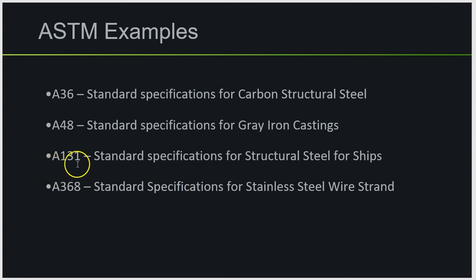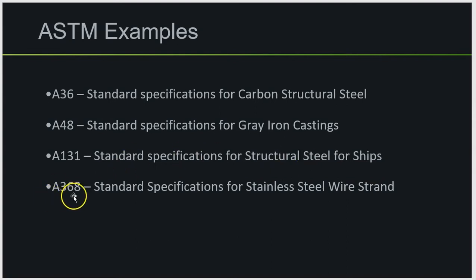And then A131, again flipping through the codebook until we get to that point on the list, it would tell us the specifications for structural steel for ships. So steels that are used in ship making.